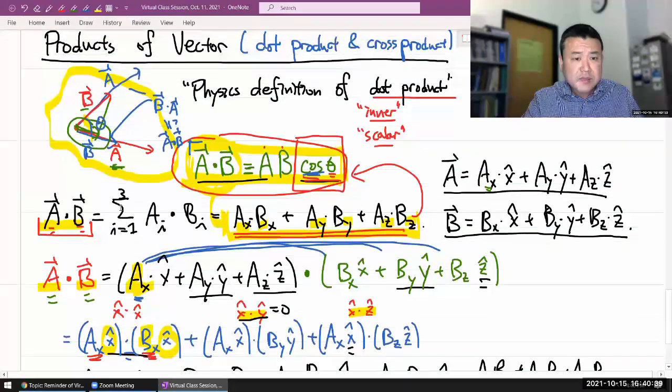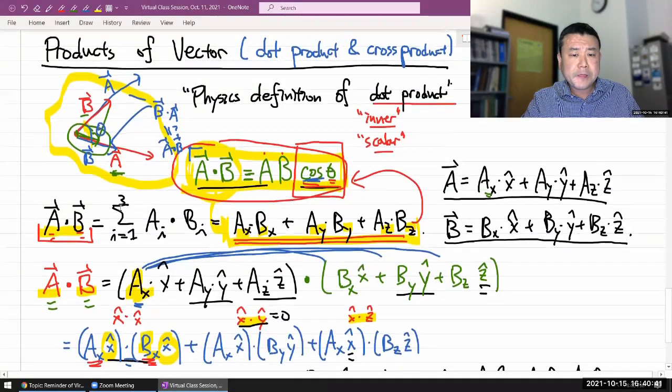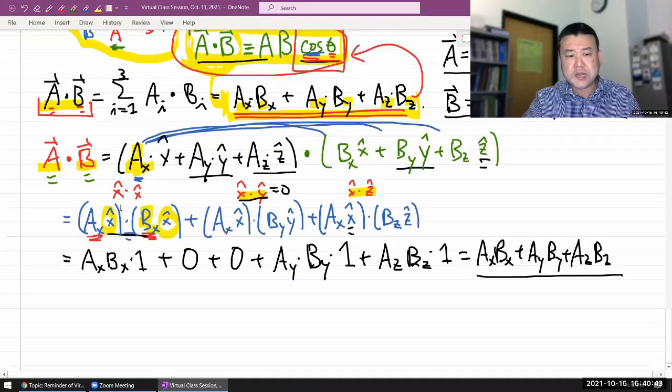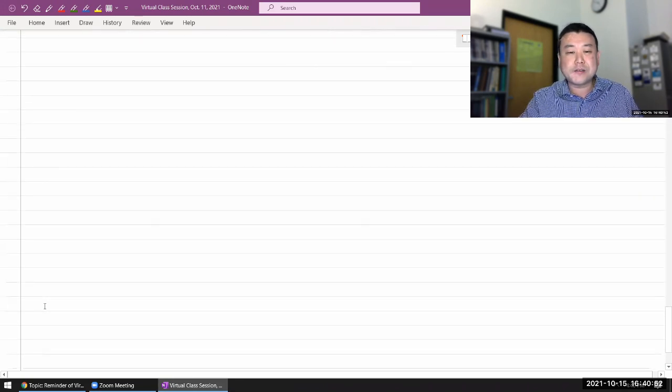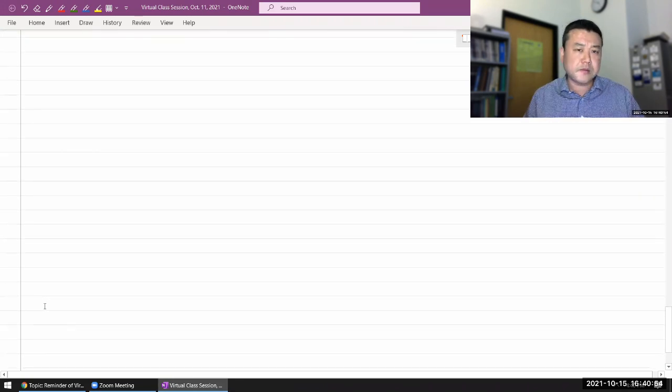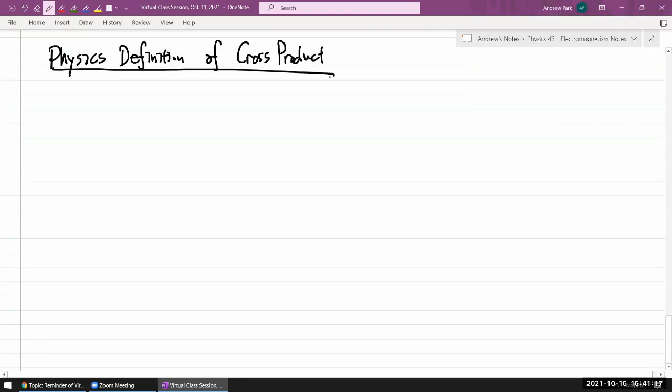And I think it would be good for me to start out with the physics definition of cross product, because we have a way of defining cross product that's independent of coordinate axis. So if you imagine two vectors a and b, let me just draw them the same way that I've drawn before.